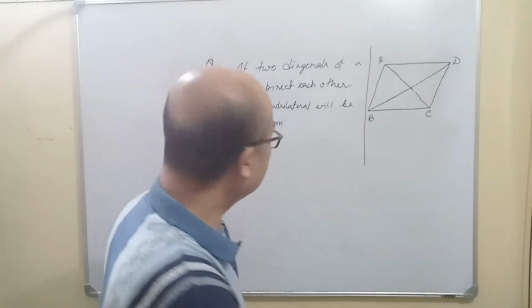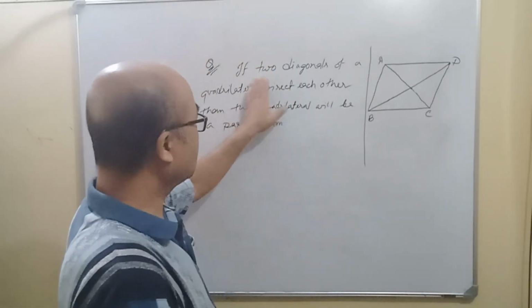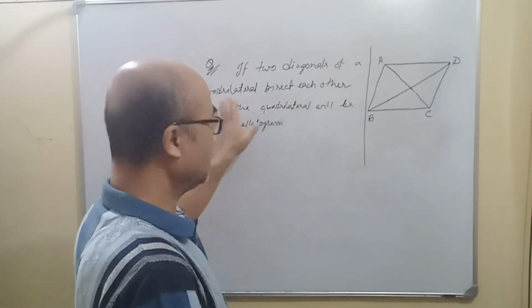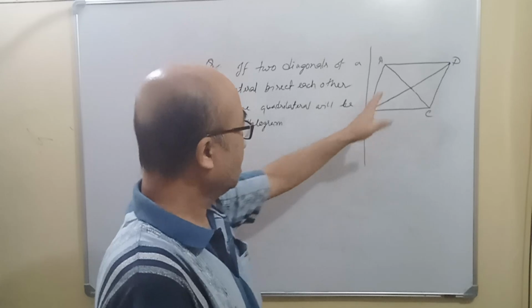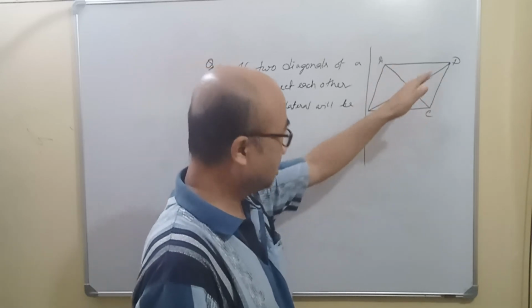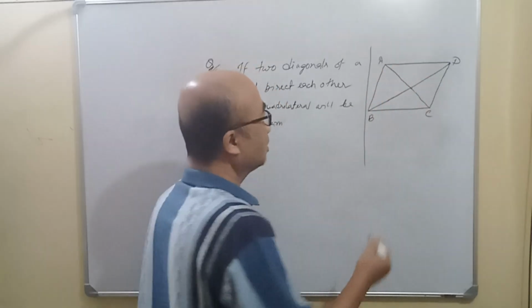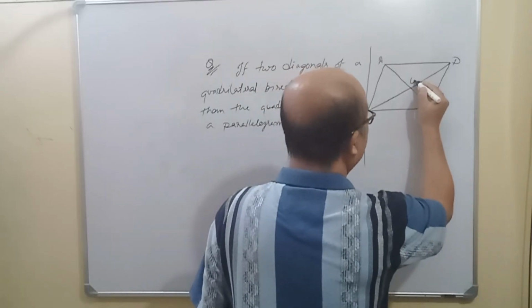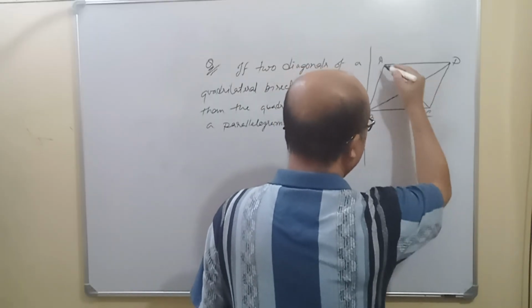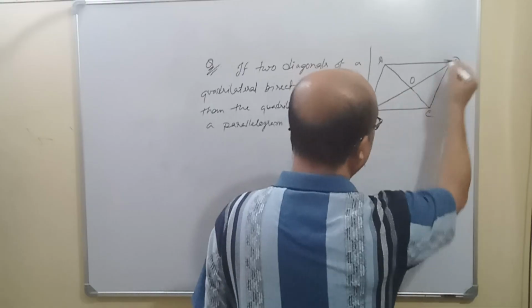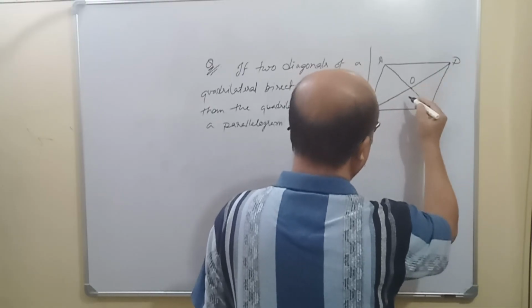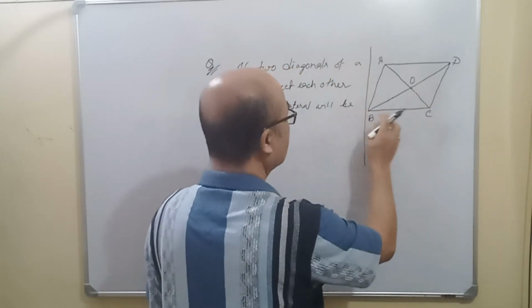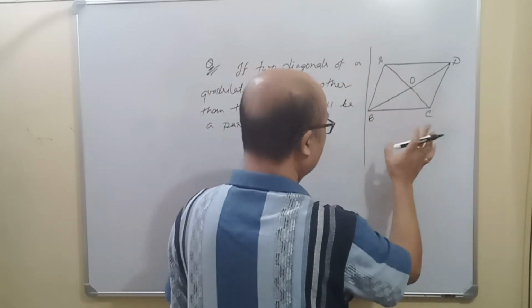It says that if two diagonals of a quadrilateral bisect each other, this is the point where AC and BD bisect each other, then bisect means divide equally.